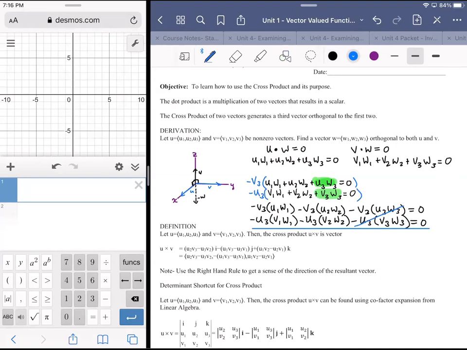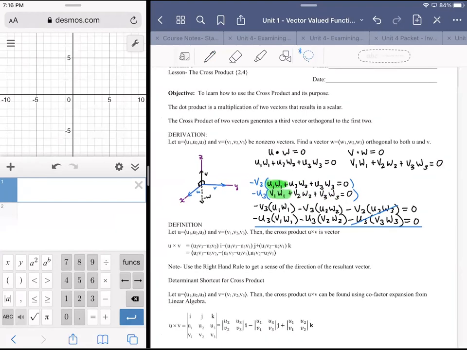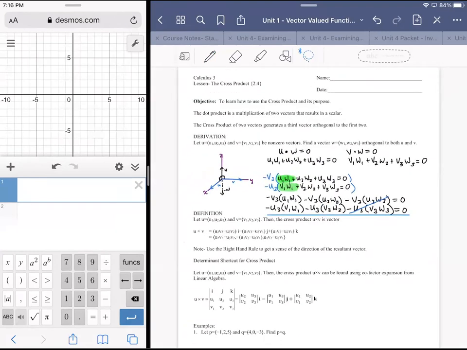Combine like terms, factor out W1, solve for it in terms of W2, then start the whole process over again, this time eliminating a different component, getting a new system from that, and then doing it again for the third one. And before you know it, you'd have your solution. But like I said, it takes a while.